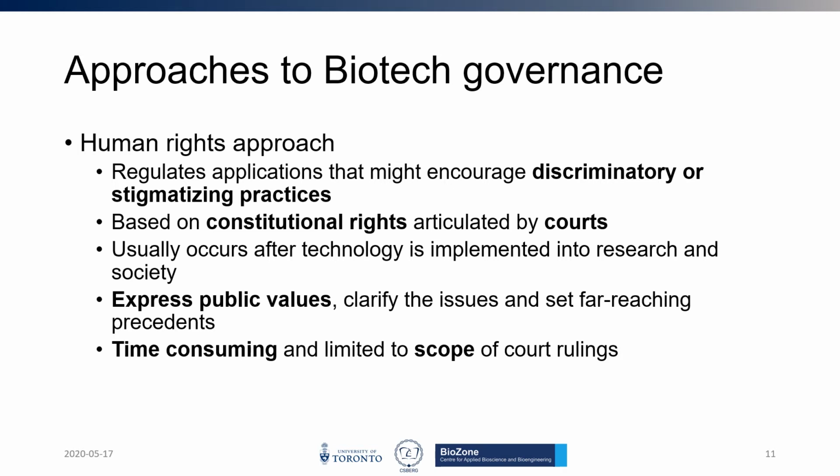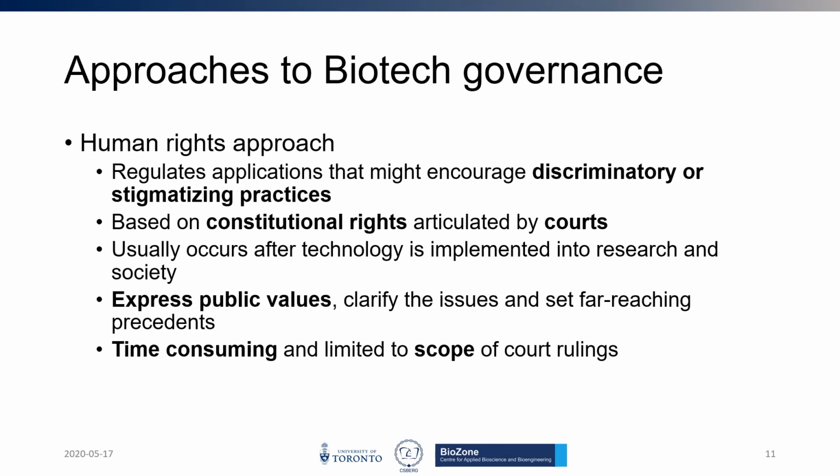So usually this form of governance happens after a technology is implemented and impacts society. The great benefit of governing a technology in this way is that you express public values in considering constitutional rights and preventing any kind of discriminatory practice.